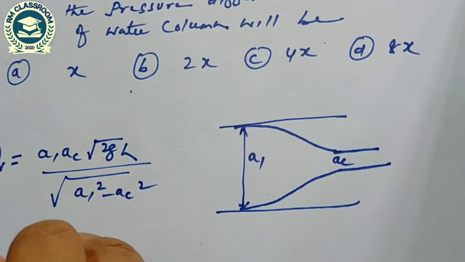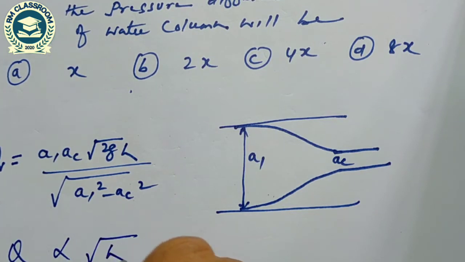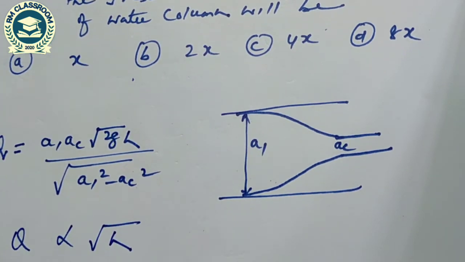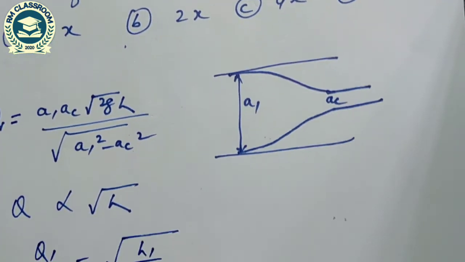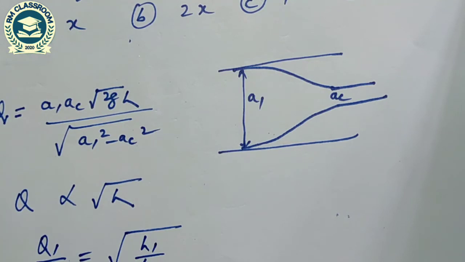Or we can write Q directly proportional to the root H. So we can write Q1 by Q2 is equal to square root of H1 by H2, or Q2 by Q1 whole squared is equal to H2 by H1.